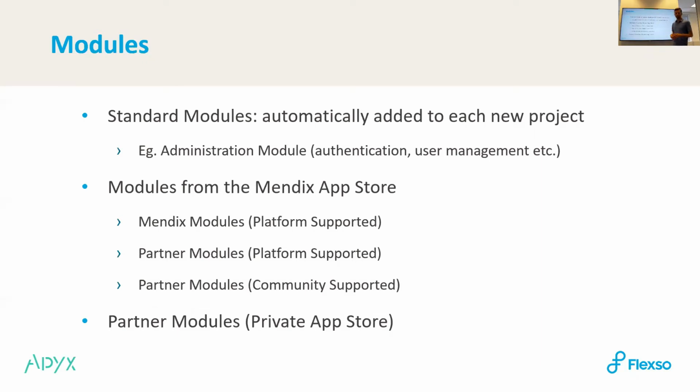But you have also partner modules which are community supported, meaning that it's the partner that is responsible to define the support model and whether he or she gives support or not, and just gives an application to use. And then you also have partner modules which are not publicly available, but which we, for example, use to kickstart a project, which is our knowledge that we share with customers.